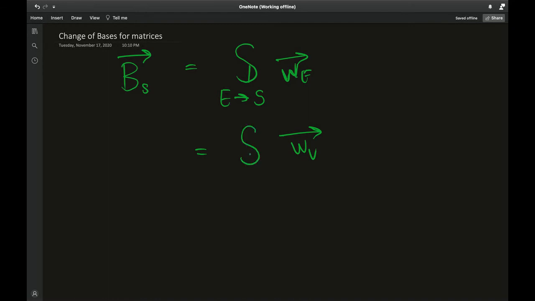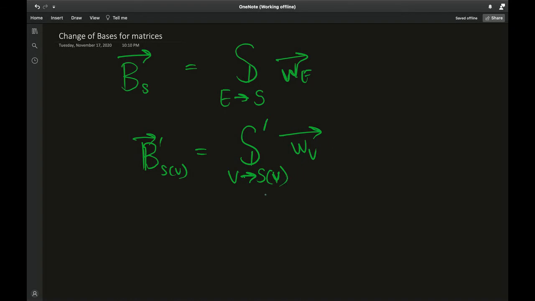But because W in basis V isn't identically equal to W in basis E, this will be a different matrix, say boldface S dash, which will take stuff from V and put it, now this is a little complicated, in S of V. So we'll have a new vector, say B dash, but in S of V after you apply this S dash on W in space of V.